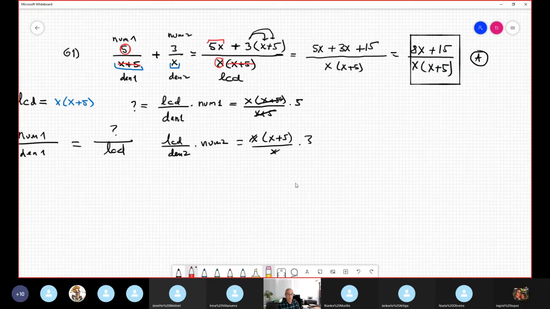And the second, you put plus, this plus, so you get this plus. And in the second, you delete this and this, and stay alive x plus 5 times 3. I copy here. This 3, this 3, and this x plus 5, I copy. Either way, like a cross multiplication, it's the same. Actually, we are doing cross multiplication.